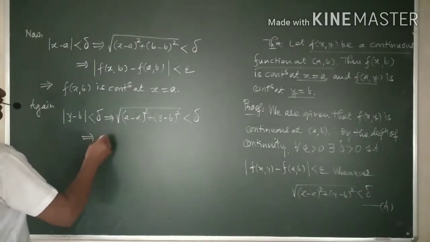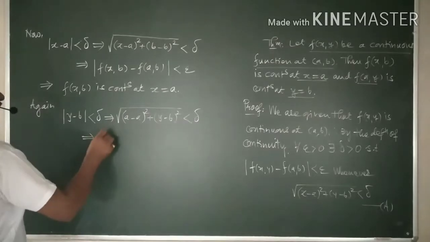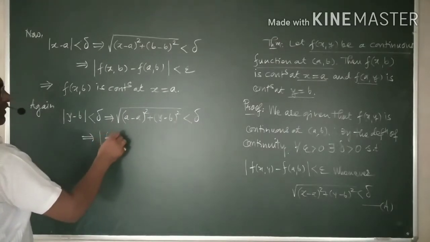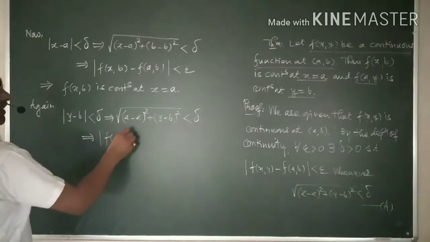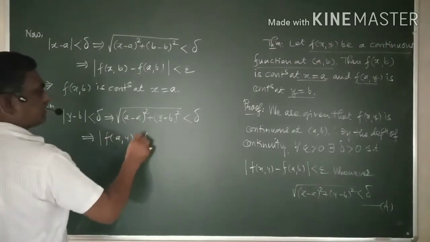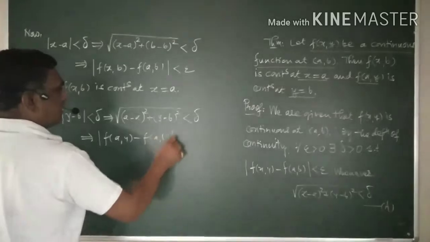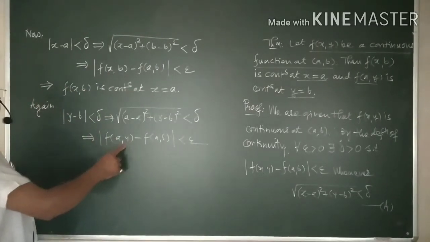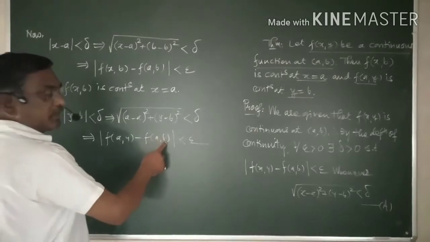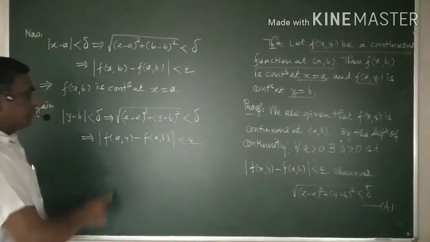This implies that whenever this is there, what happens? |f of a, y minus f of a, b| will be less than epsilon. That is, f of a, y minus f of a, b is less than epsilon.